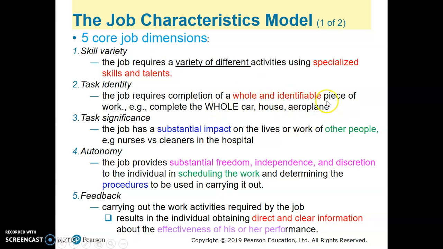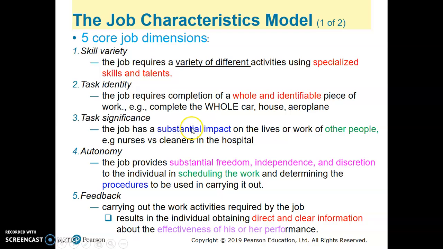If you perform only some part of it, but it is still identifiable, so that people can relate that it was performed by you, it is still considered task identity. Employees who have task identity tend to put in more effort compared to tasks without identity.